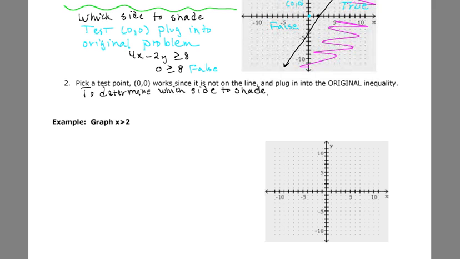This one's not too bad. It doesn't involve quite so much algebra in graphing the boundary line. So let's take a look at this. I've got x greater than 2.